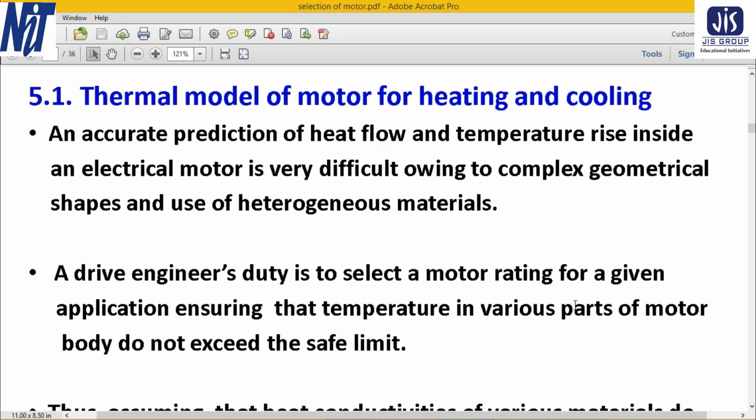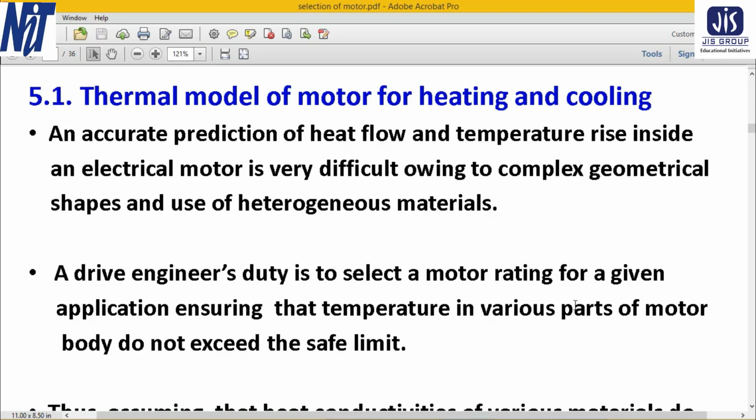So we can categorize the load variation with time into certain categories, which are termed the classes of duty of the motor. According to the pattern, we decide the class of duty of the motor, and we have discussed intermittent duty, continuous duty, and short time duty.